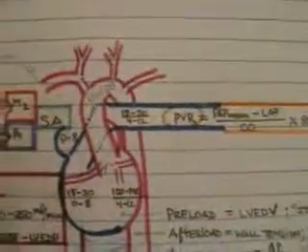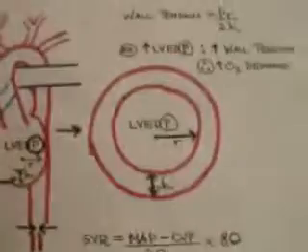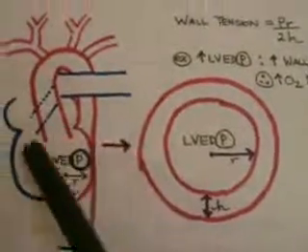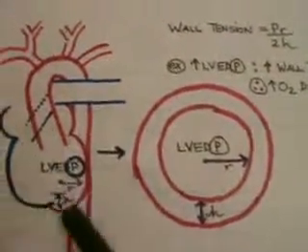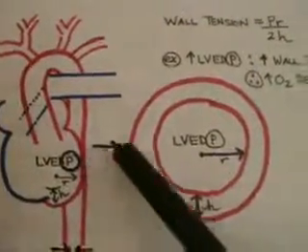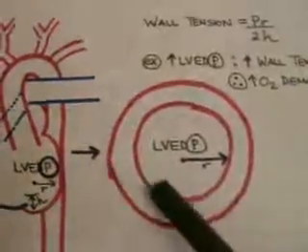And we can think of afterload as the wall tension. If we were to look at the left ventricle, although it's an elliptical or ellipsoidal type of shape, we can think of it as a sphere.